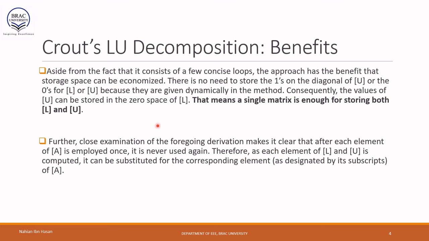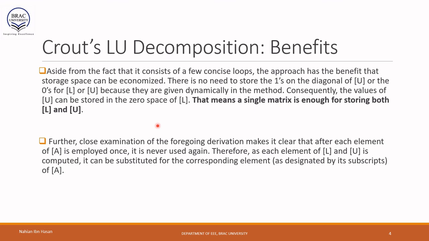So we can easily and dynamically calculate all of the lower triangular matrix elements and the upper triangular matrix elements and replace those values in the original matrix. That means a single matrix is enough for storing both the lower triangular matrix and the upper triangular matrix, and we can easily store them in the original matrix A, because we are sweeping through rows and columns.